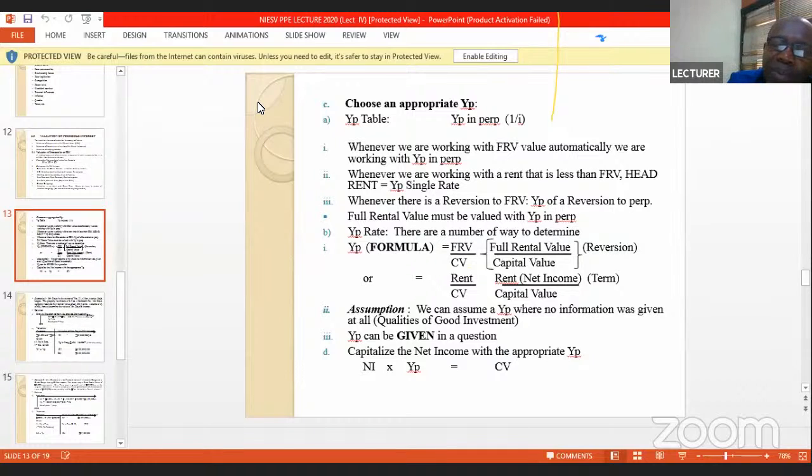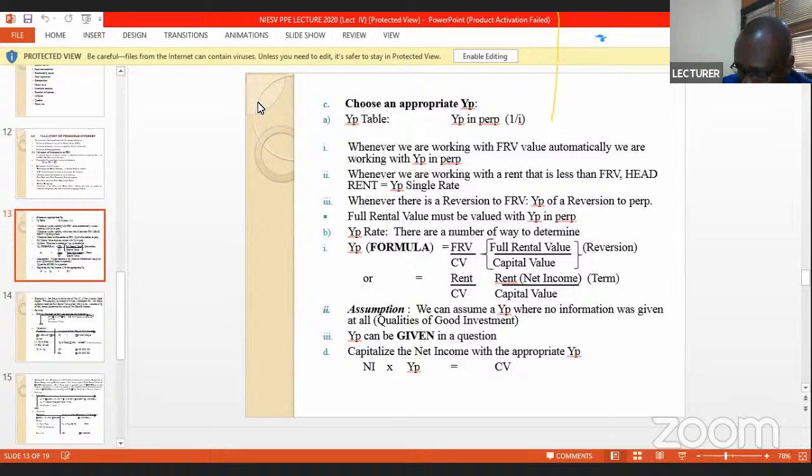Use YP of 5%, use YP of 10%, use YP of 8%. It means that the YP has been given.